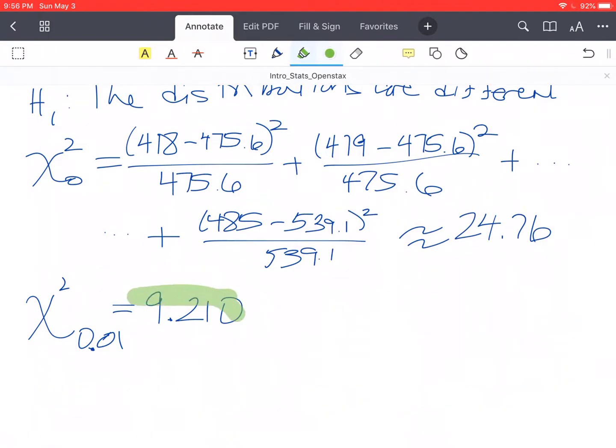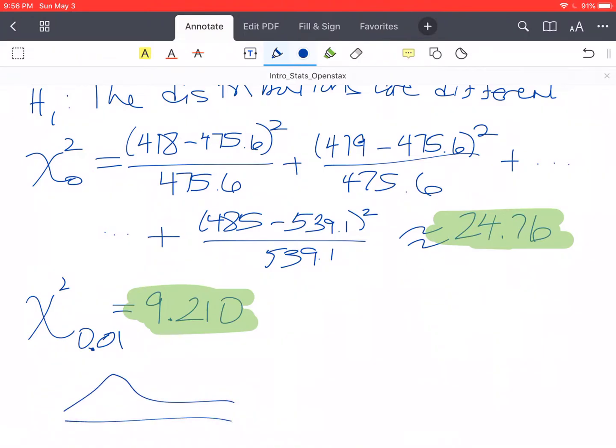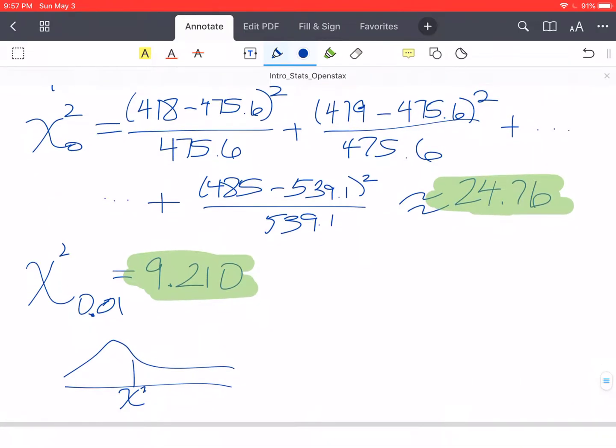So we always compare critical value with test statistic, right? On our chi-square curve, here's chi-squared sub 0.01 at about 9, and then our test statistic is somewhere up here, at about 24. So it falls within this critical region, which means that we do, in this case, get to reject the null.